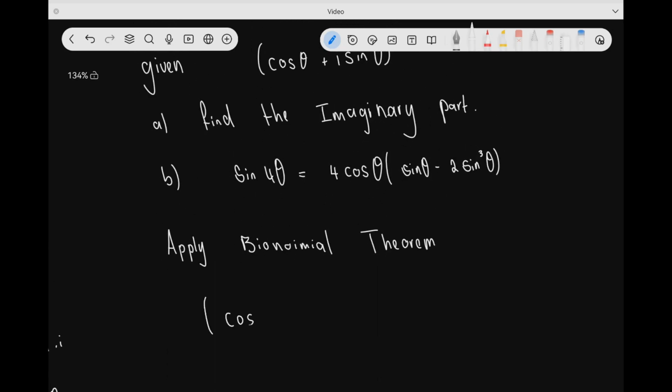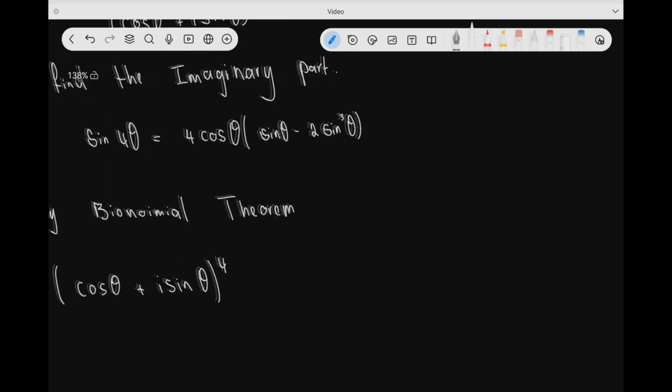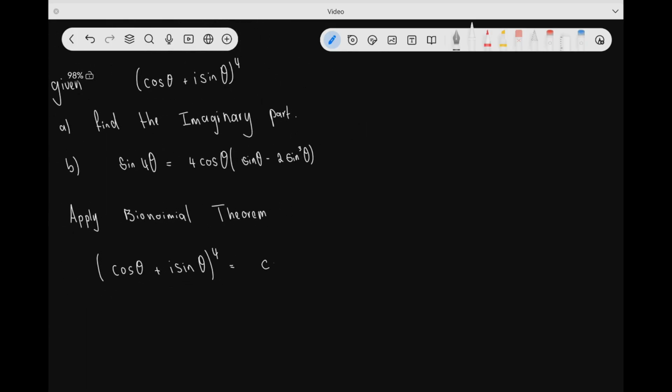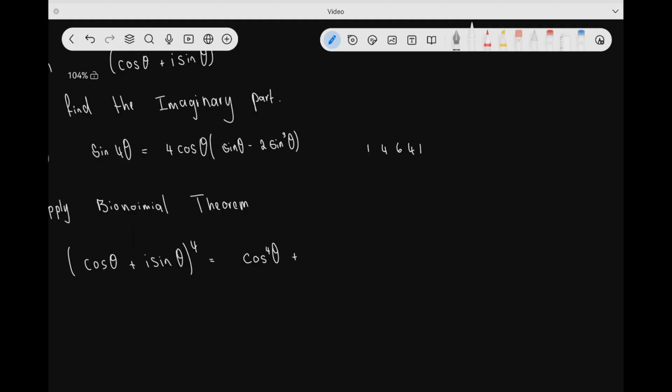We could say that cosine theta plus i sine theta raised to the 4 is going to be equal to, we know it's cosine 4 theta plus, what was that? It was 1, 4, 6, 4, 1. So it'll be then 4 cosine cubed theta times i sine theta.